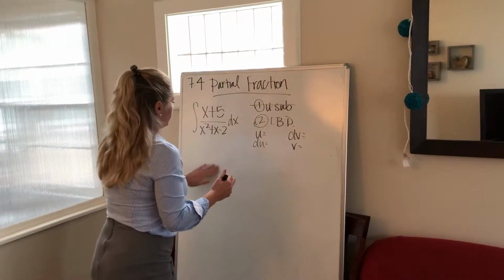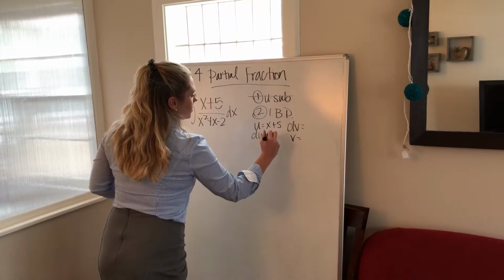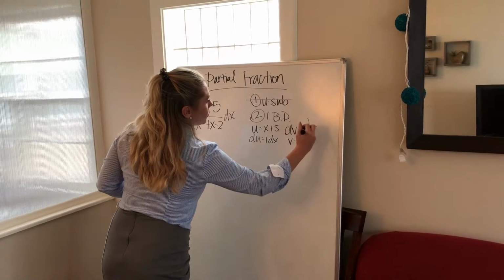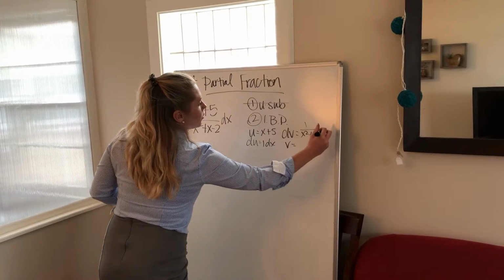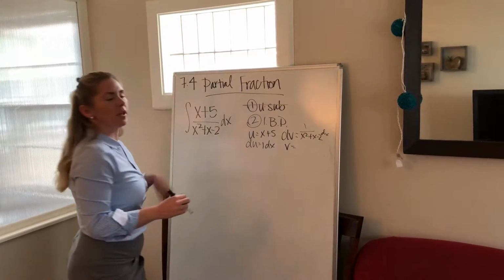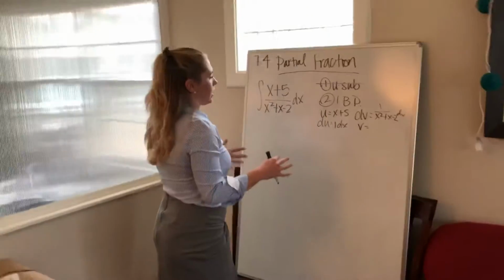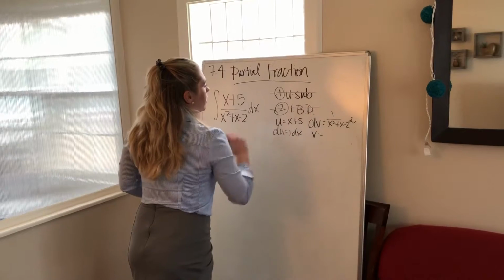So if I choose x plus 5 to be my numerator, I'm going to get dx, and if I choose 1 over x squared plus x minus 2, we kind of run into the same situation that we had before, where we have a v and it's just not going to work as cleanly. So we're going to cross that method off.